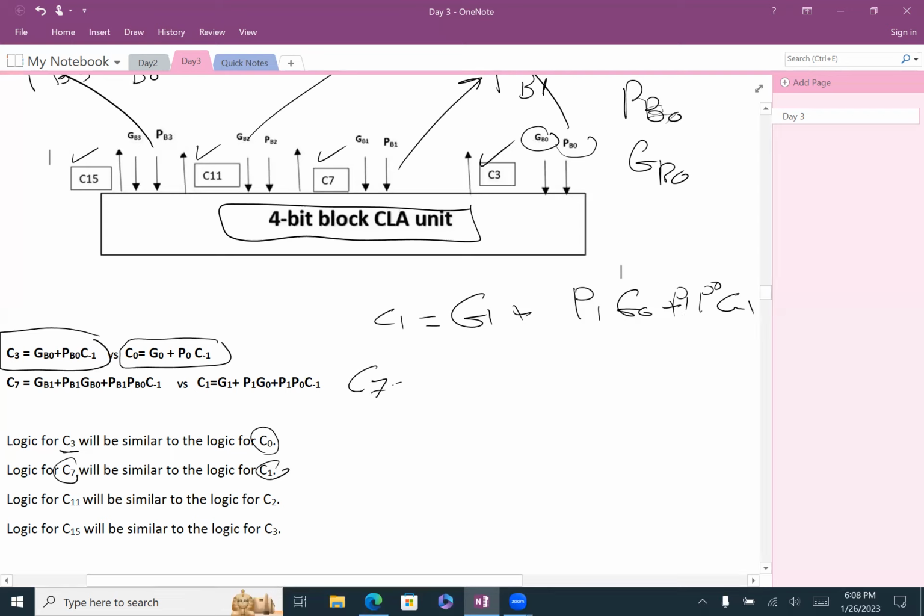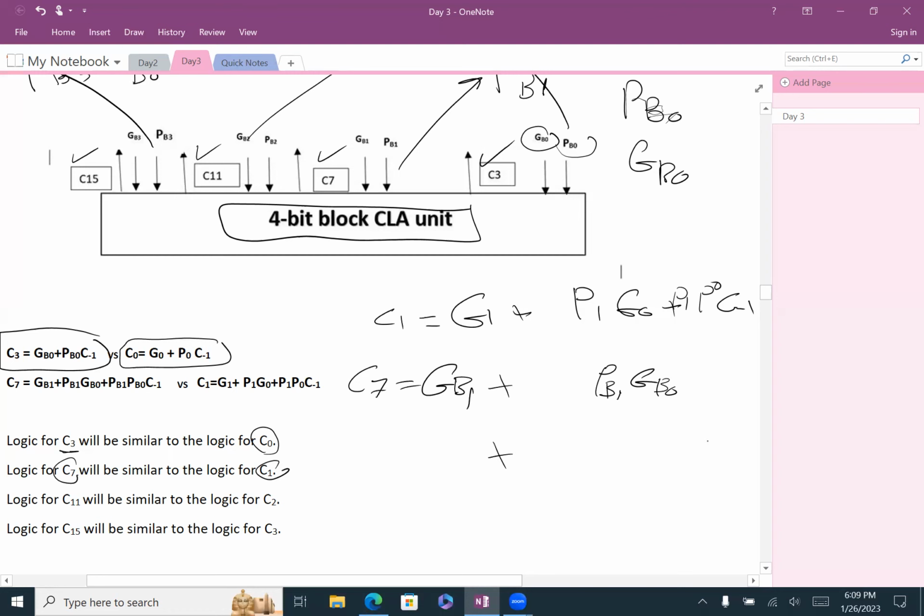So now with C7, what is the C7? It's either you generated it at block 1, or generated at block 0 and then propagated through block 1. Perfect.